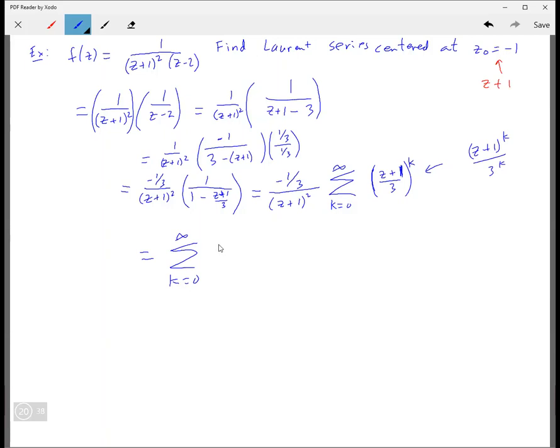We can pull the negative in. Now this other factor is in the denominator, so this is going to be z plus 1 to the k minus 2. So this is a minus 2 right here. And then down here you have another 3 multiplying, so that's 3 to the k plus 1.